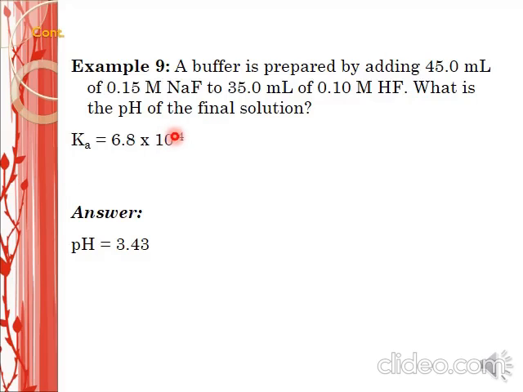So how to solve this question? Remember, you are mixing. When you mix, the concentration is no longer 0.15 molar for sodium fluoride and no longer 0.1 molar for hydrofluoric acid. So we have to find the final concentration first before you substitute it in the Henderson-Hasselbalch equation.